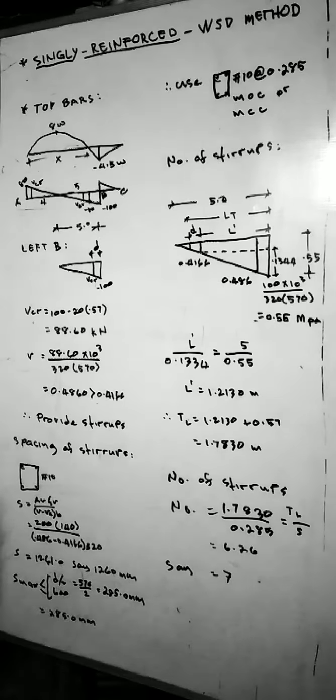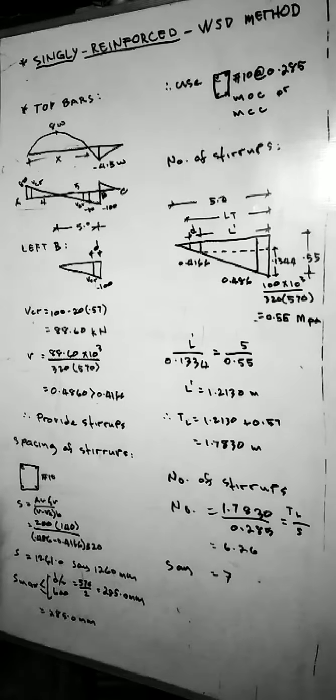Computing the spacing of the stirrup, our stirrup is using the number 10 steel bar. The spacing of that stirrup is equal to Av times Fb, over v actual minus v allowable, then times the base.